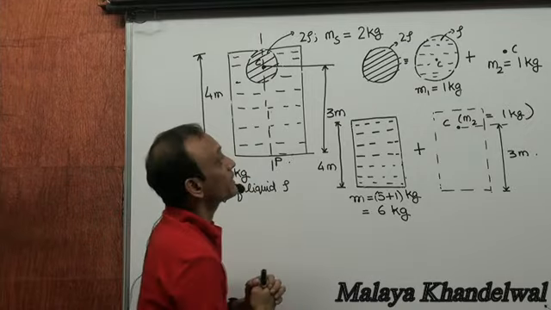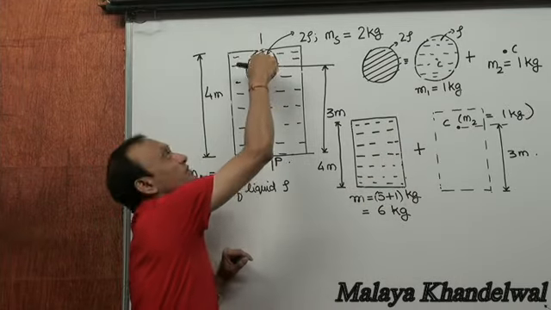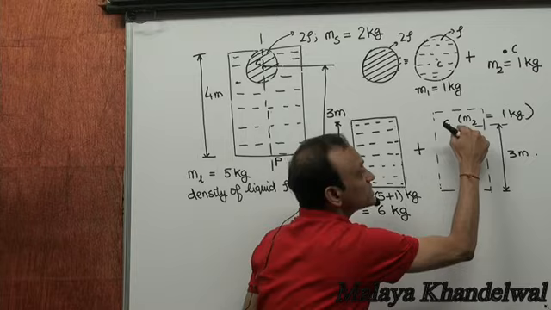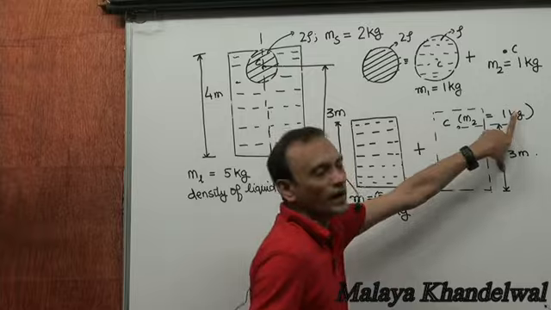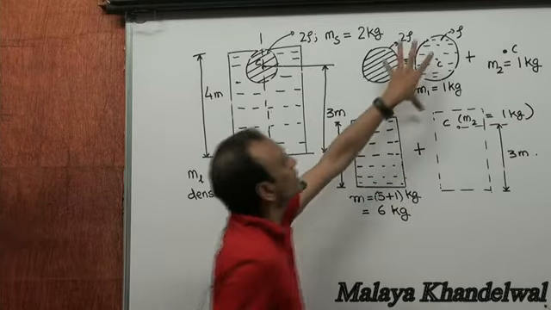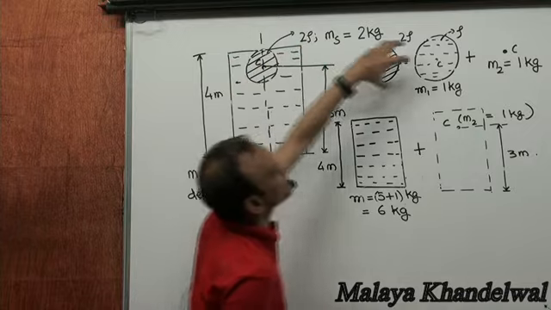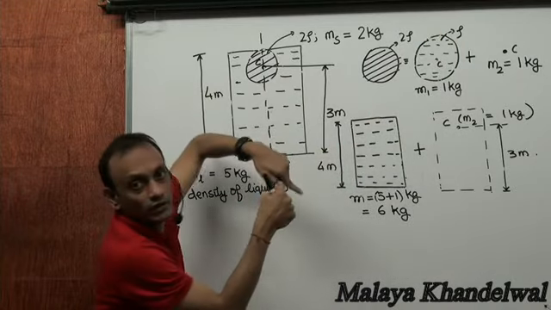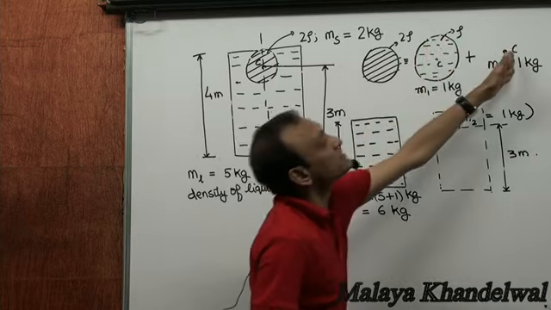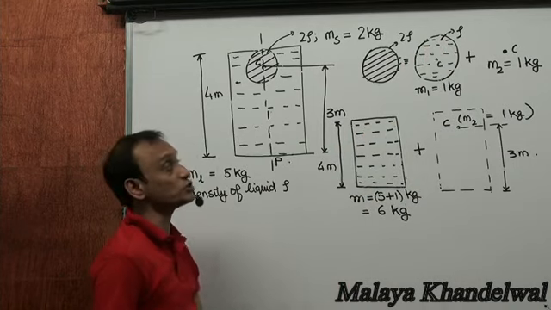Plus this point C, where the sphere originally was, there is a point mass 1 kilogram. Yes or no? So this sphere has been replaced by two things. One, that completely flushes with the volume of the liquid, plus a point mass 1 kg at the center of the sphere.